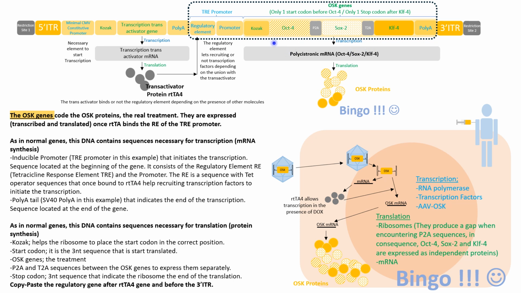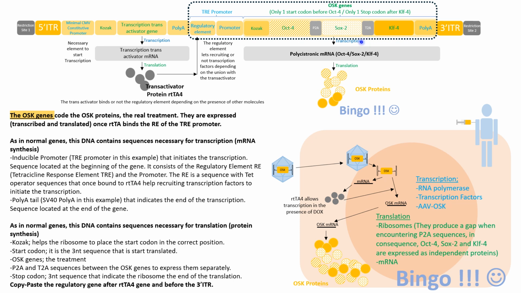So, let's remember it a little bit. The translation starts here in the Kozak sequence using the start codon. It starts producing the OCT4 protein. It sees the P2A, produces a gap, and starts translating the SOX2 independently. It produces the SOX2 and sees the sequence called T2A.